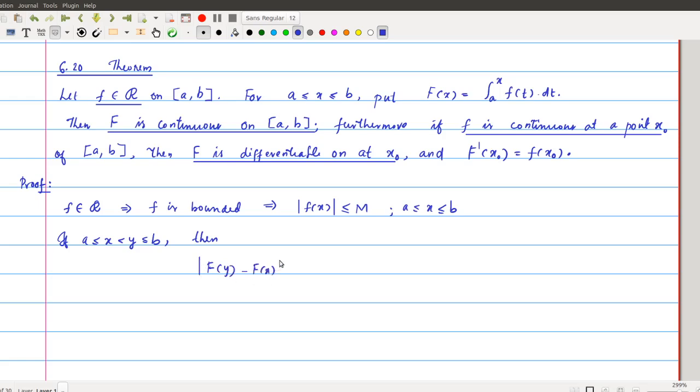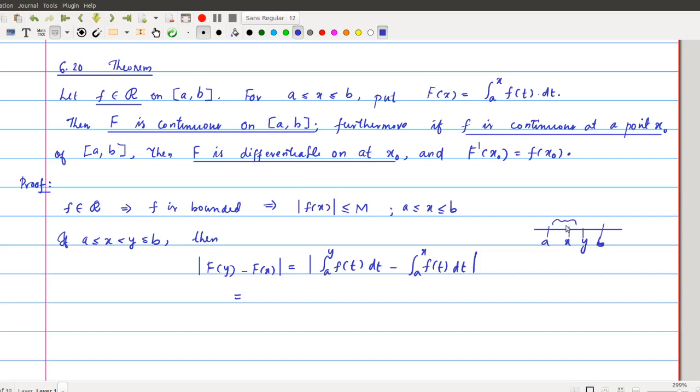By definition, capital F of y is the integral a to y of small f of t dt, minus the integral a to x of f of t dt. So this is the difference. Now using the additive property of this integral, we can consider this is our [a, b], and we have x here and this is y.